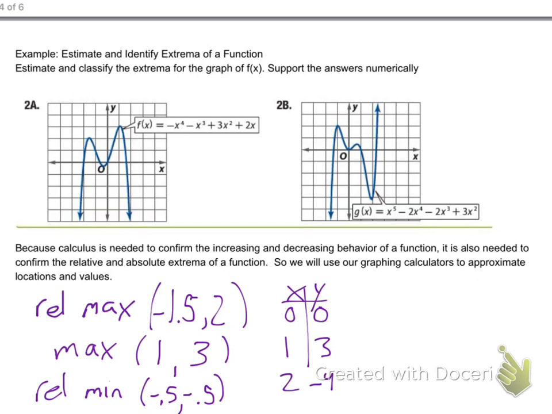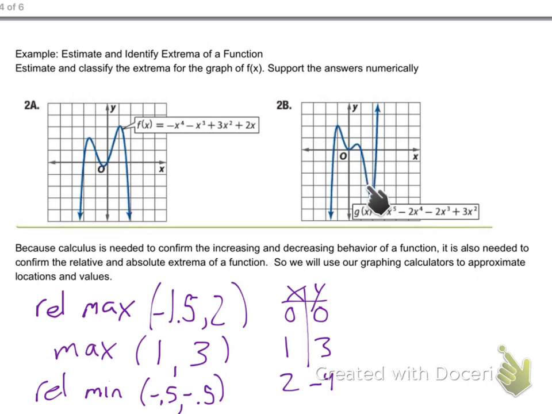Without having to do 2b, how many relative maxes do we have in this case? I have a relative max here. Yeah, this is a relative max. And then right there, I had to duck down a little bit, which means this must be a relative min.